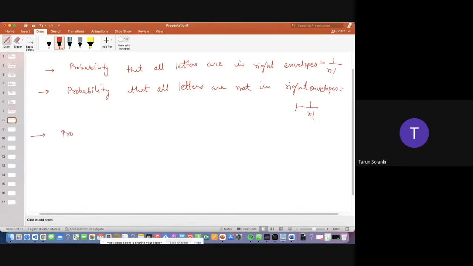Similarly, the probability that no letter is in its right envelope is 1 by 2 factorial minus 1 by 3 factorial plus 1 by 4 factorial minus, and so on up to plus or minus 1 to the power n divided by n factorial. Okay.